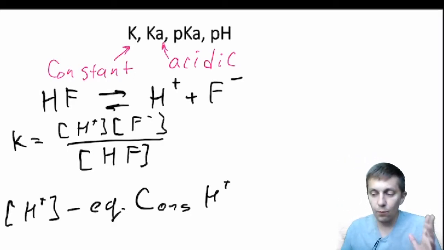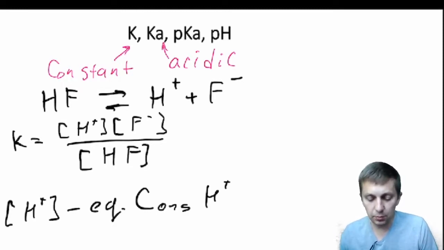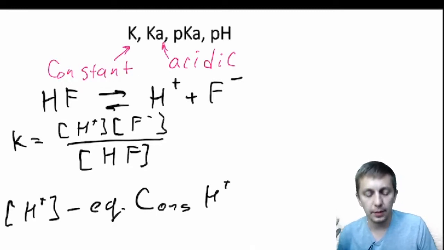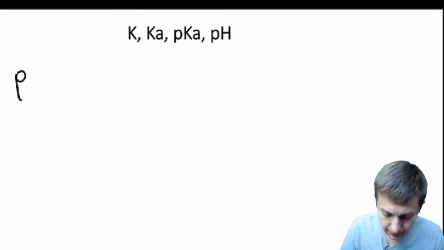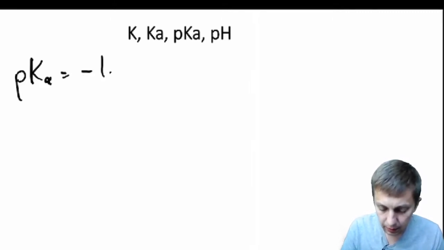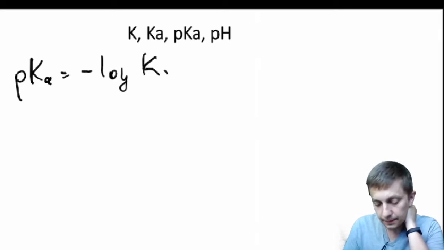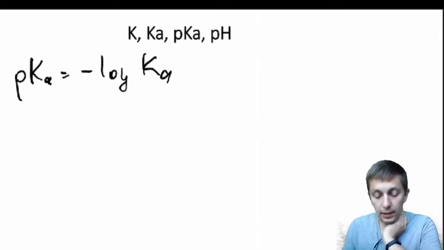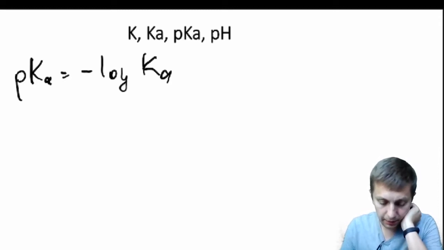So to make writing this constant more comfortable, chemists use a value called pKa. pKa is minus log base 10 of Ka, and the p means power.